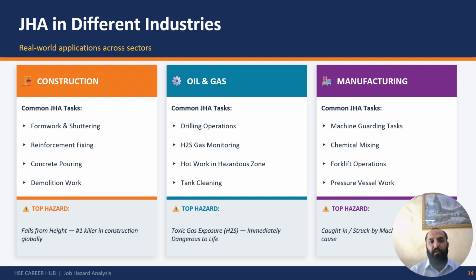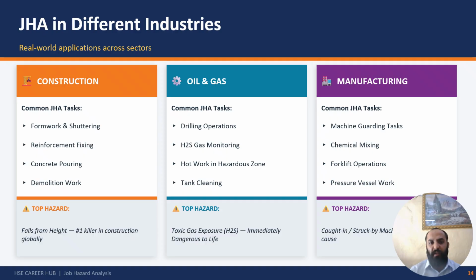Third industry is manufacturing for factories and plant. Your JHA prioritize machine guarding tasks, chemical mixing and handling, forklift operations, and any work on pressure vessels. The leading injury cause in manufacture industry is being caught in machinery or struck by moving part.